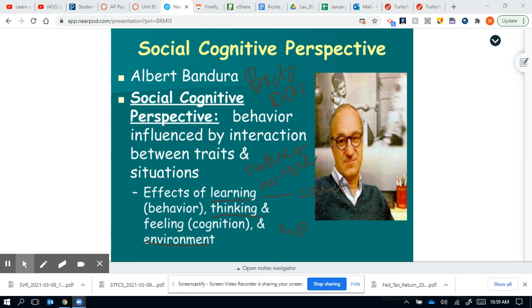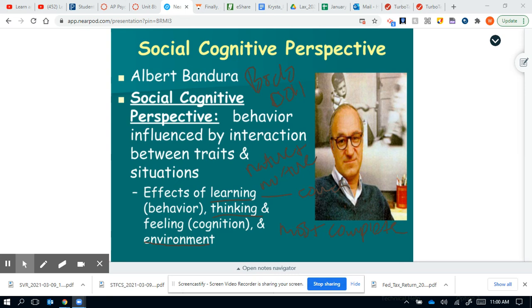This theory is the most complete regarding personality. All right, so there's really just one idea you need to know about what social cognitive is: an interaction between environment and thinking. Social is environment and behavior, cognitive is thinking.